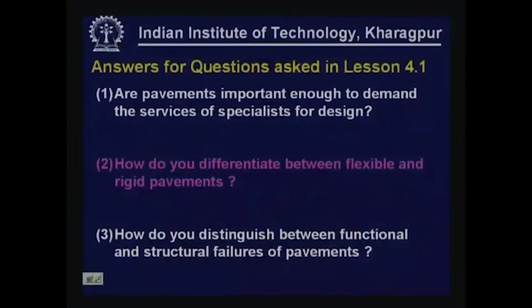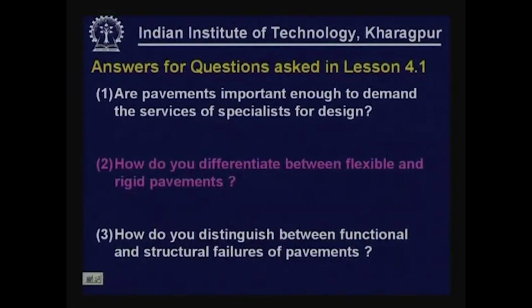How do you differentiate between flexible and rigid pavements? Flexible and rigid pavements are typically differentiated in terms of the load spreading capabilities. Typically, flexible pavements have materials that distribute load from top layer to bottom layer, but the stiffness of each of these layers, the top one will be more than the lower layer, but the difference will not be so significant as we compare in the case of a concrete or rigid pavement.